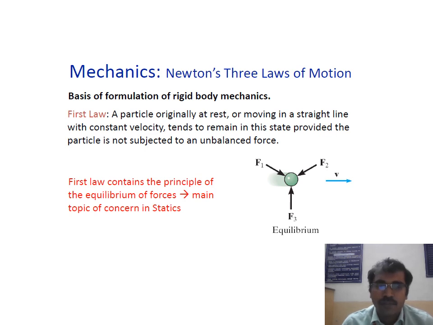Newton's first law gives the definition of equilibrium. When an object is kept at rest or is moving in a straight line with uniform velocity, unless it is disturbed by an external force, it will continue to remain in its state for an indefinite period of time. That is Newton's first law.